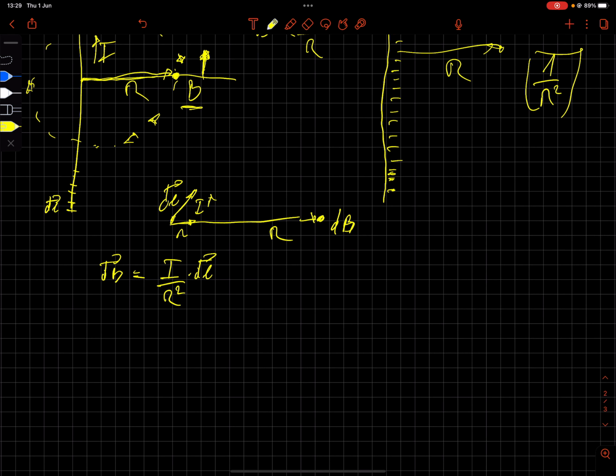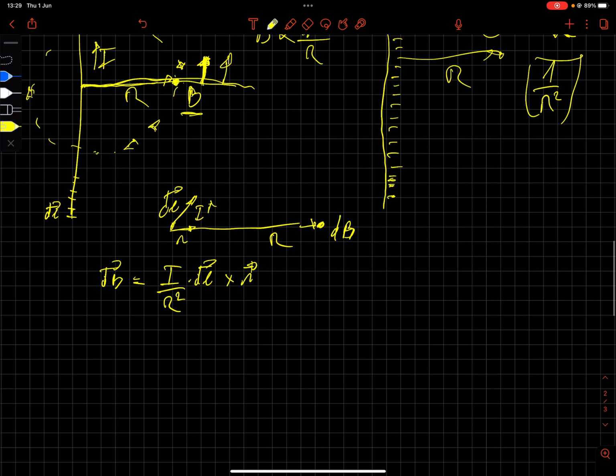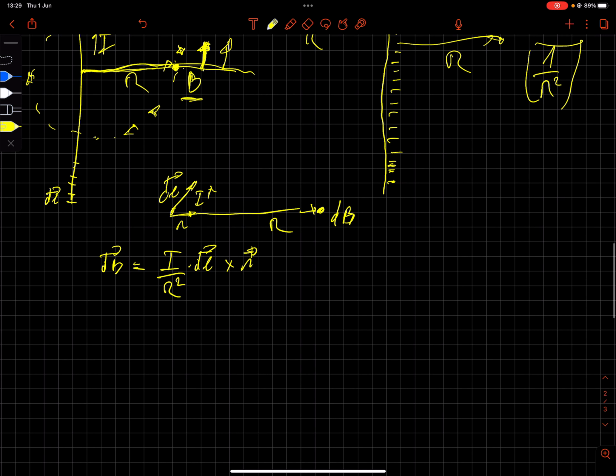We know from experiments that the direction of the magnetic field is perpendicular to this imaginary line which passes through this point, right? So we need a cross product here with the unit vector.